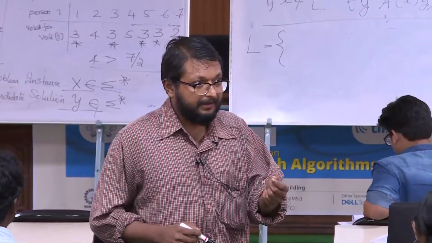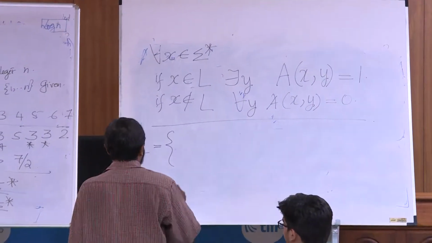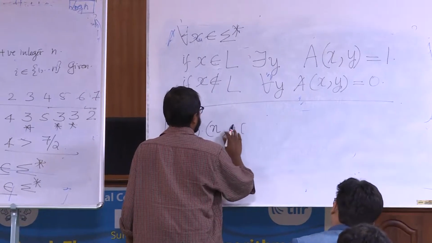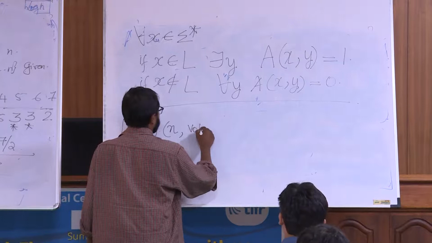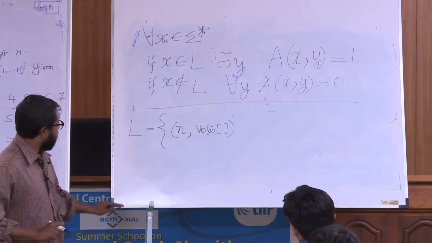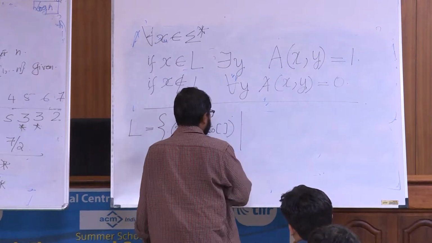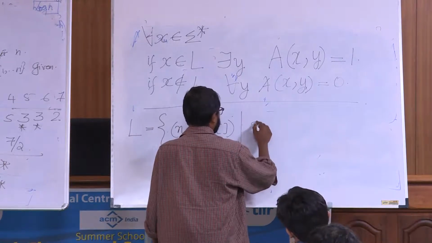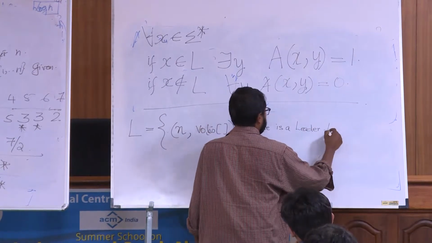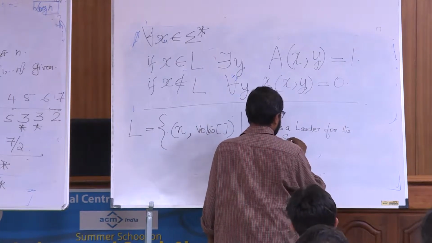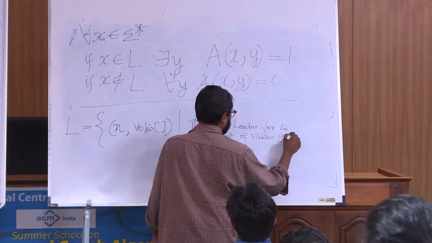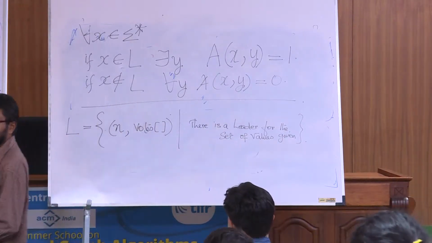There is an n, an array of n elements. The array is actually votes, an array of n elements. This is your input, such that there is a leader. This is your problem instance, correct?